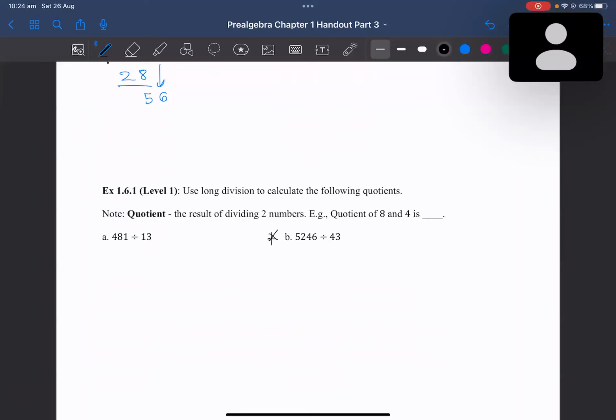Let's do part B of the exercise. Good. So we're just doing part B. Just submit your answer when you get it onto the not host account.